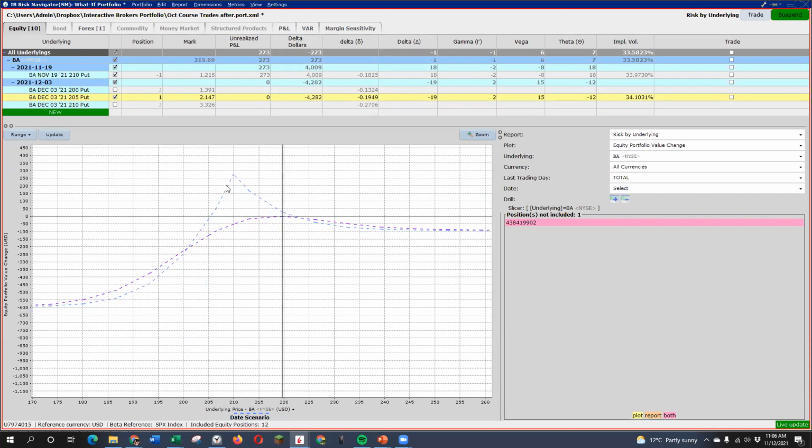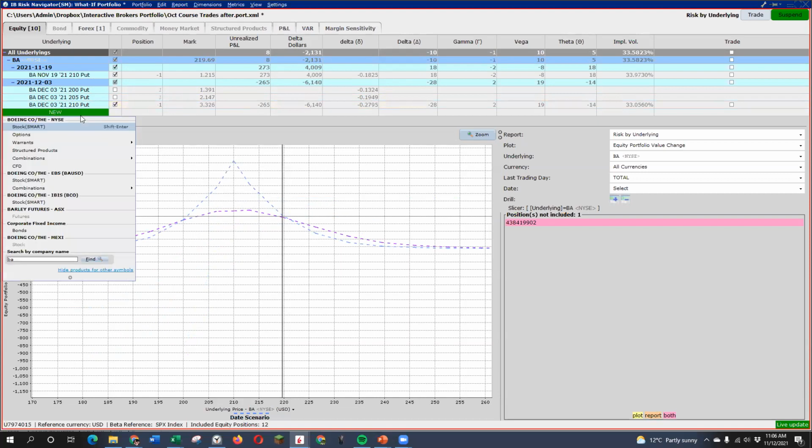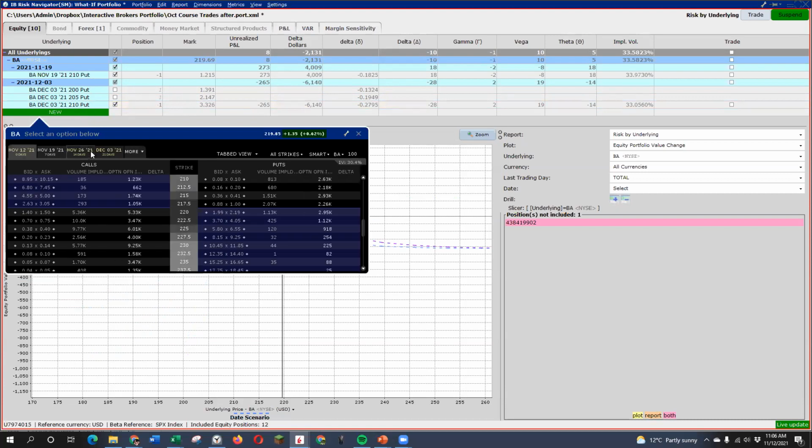Yes, we could absolutely roll it out as well. So by doing that, let's go back to our original position. We'd close out this calendar. If we still thought BA was going to come down to 210, but maybe not in the next week, maybe we want to give it another week or two after that, we could absolutely just roll that out. What we'd end up doing is we'd be short this one.